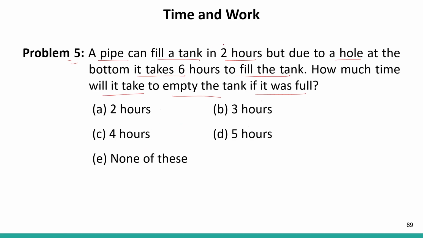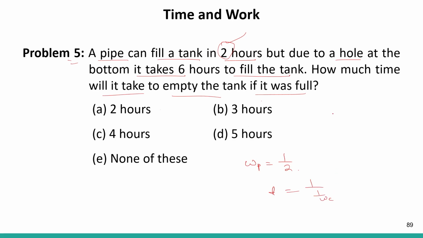So let's try to get our head around the question. The pipe can fill the tank in 2 hours, but due to a hole. So the W of P is equal to 1/2. This is the work rate of the pipe. But due to the hole, it takes 6 hours. So we know that P is equal to 1/WC, W combined.